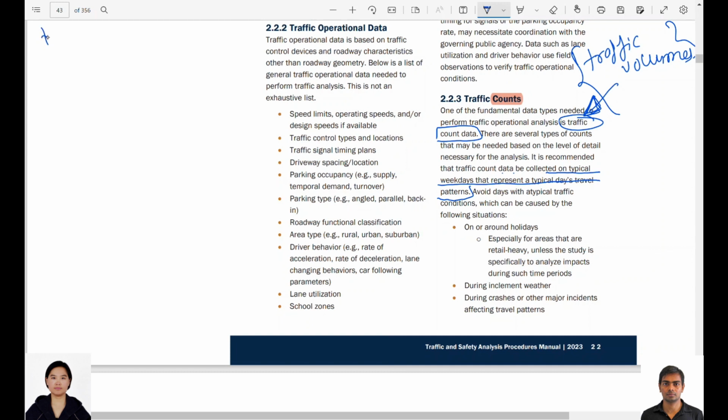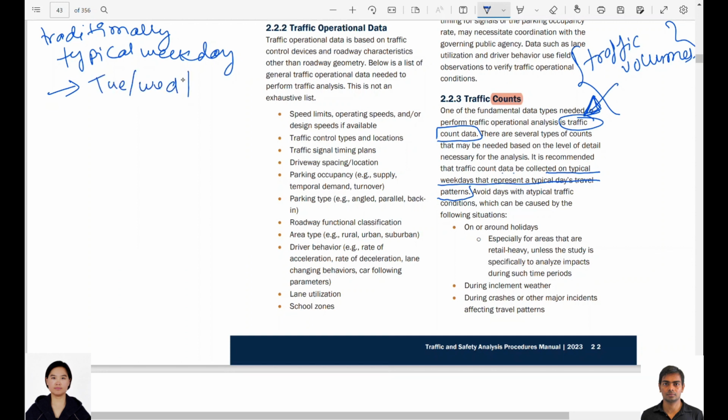Traditionally we have collected data on typical weekdays for the majority of projects, and typical weekdays are considered to be Tuesday, Wednesday, or Thursday.